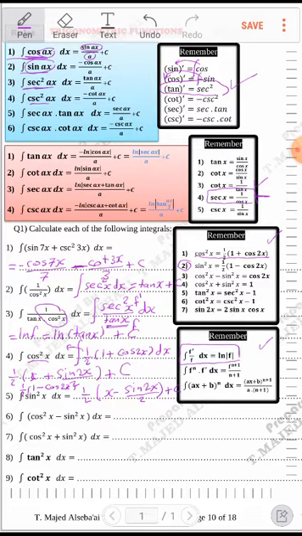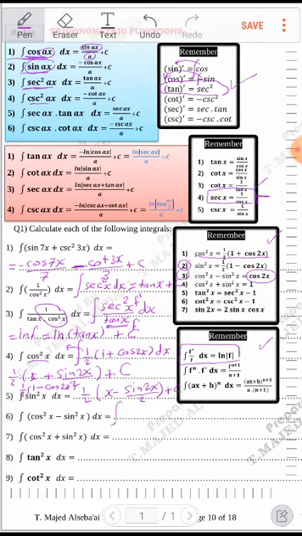Number 6. Integration of cosine squared minus sine squared. Where is that? This is it. It's rule number 3. I'm using every single rule and I'm giving an example for each one so it can be clear. I hope that it is clear for you. So cosine squared x minus sine squared x is equal to cosine 2x.